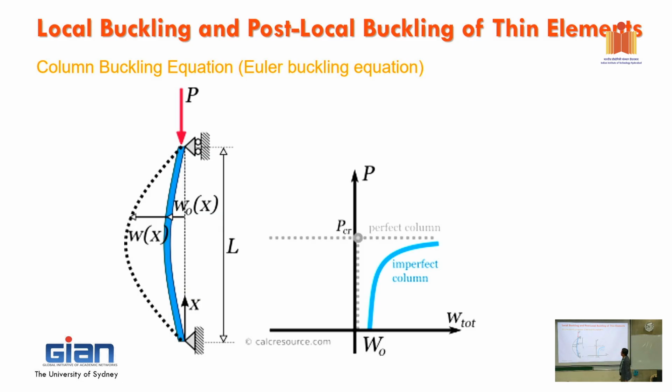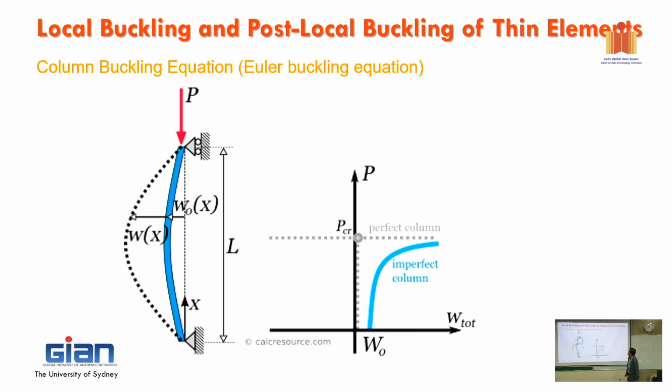It's collapsed. This is for the perfect column, but this one is for an imperfect column. Not every column is perfectly straight. It might have a little bit of deflected shape in the beginning. So when you apply the load, it starts to move a little bit, but then it goes up here and approaches the buckling load.